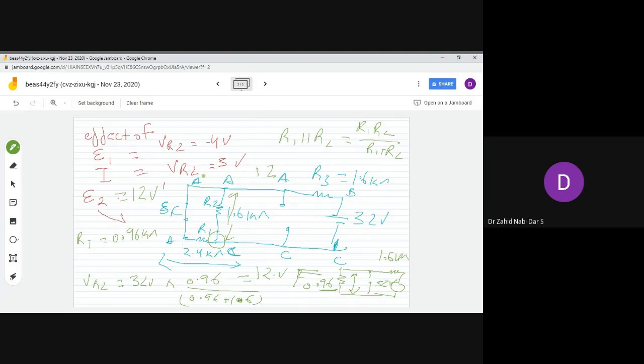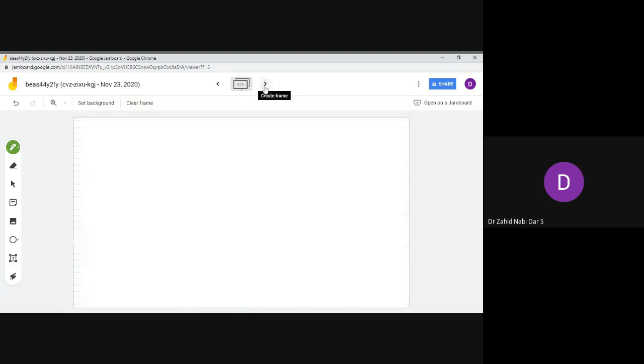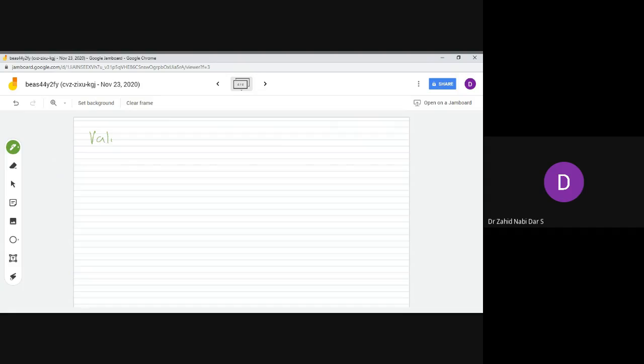This is VR2 because of this. So the value of VR2 from the superposition theorem would be the summation of the results from individual sources.